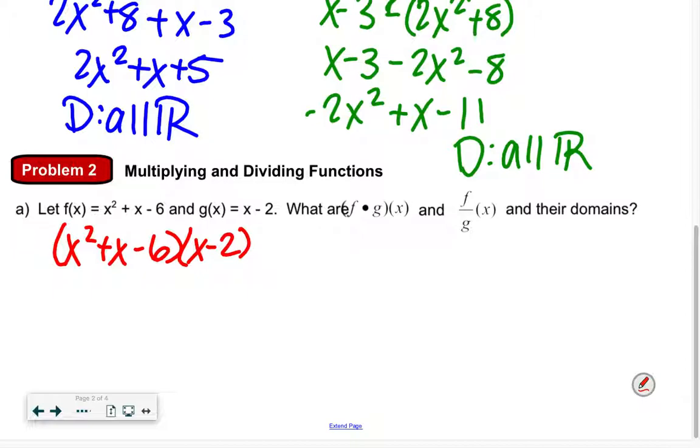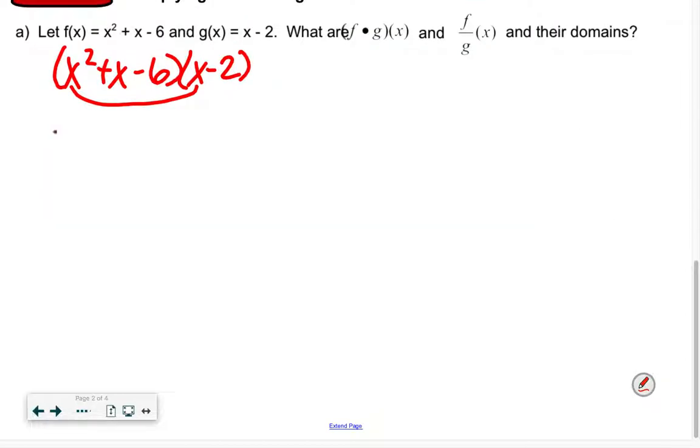Okay? X squared times x, x cubed. X squared times minus 2, negative 2x squared.